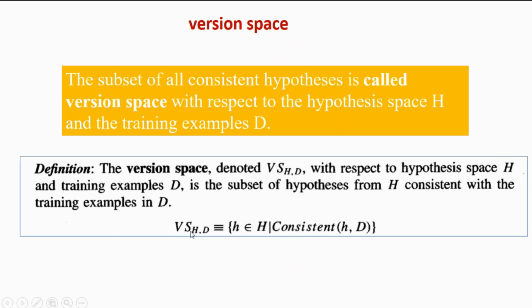It can be written as VS_H,D equivalent to small h, an element of capital H, which is consistent with H comma D.